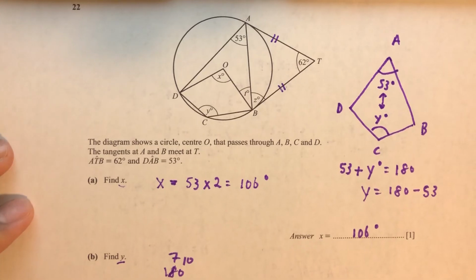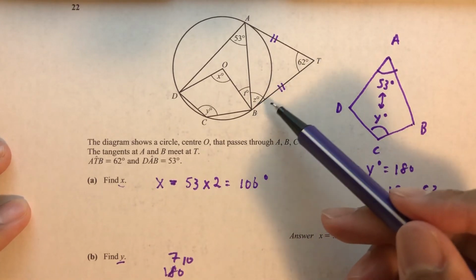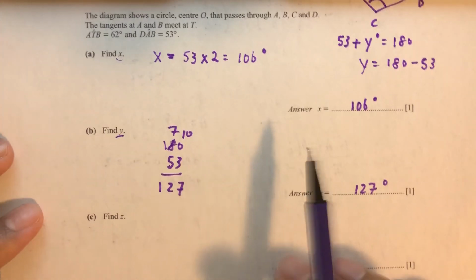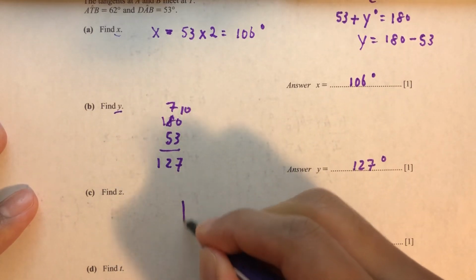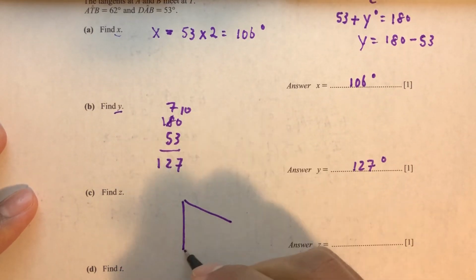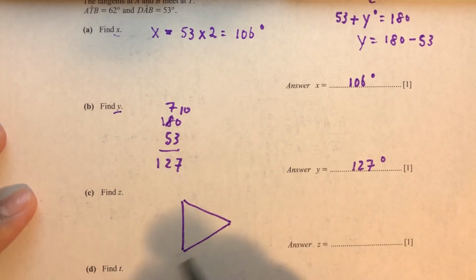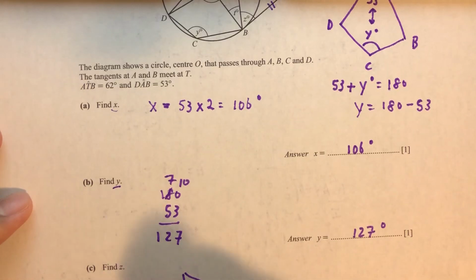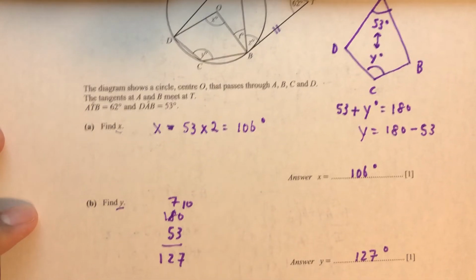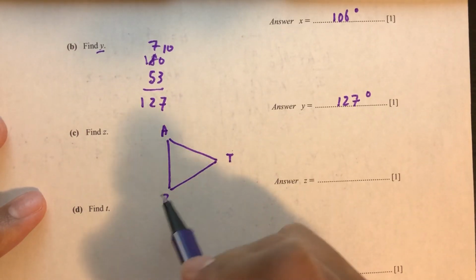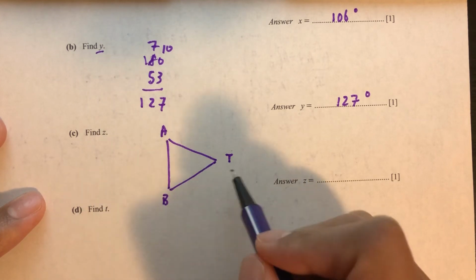Okay, so now z. For part z, we have this triangle, and those two are tangents at B and A, and they meet at T, and this is 62.